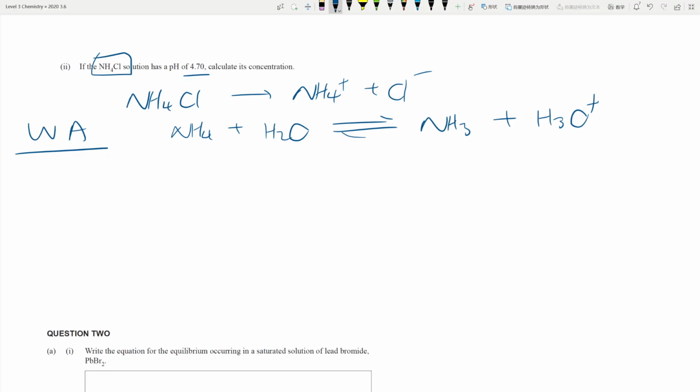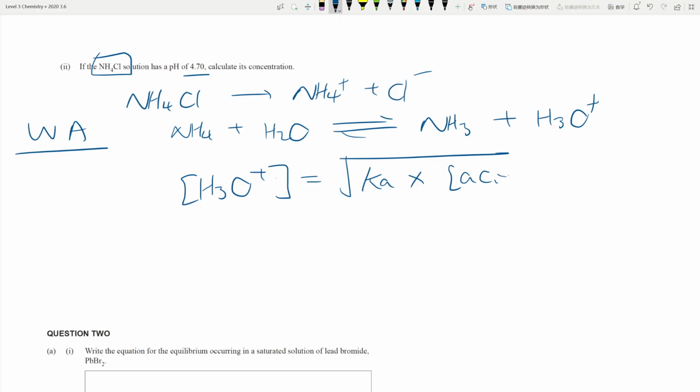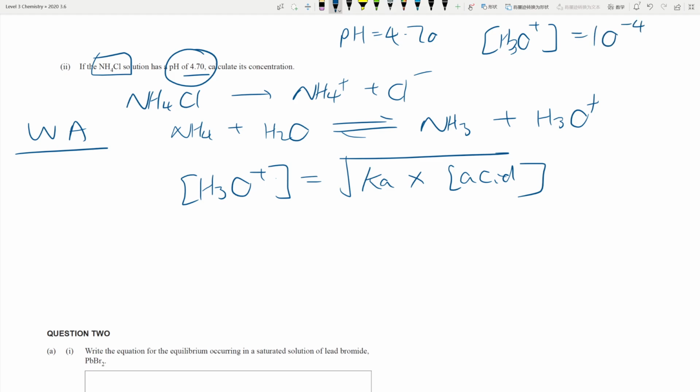So what's a weak acid calculation? This is where you use the equation, memorize it, use it: H3O plus equals the square root of Ka times the concentration of the acid. In this case, we know the pH. So pH equals 4.70, which means H3O plus equals 10 to the power of negative pH.